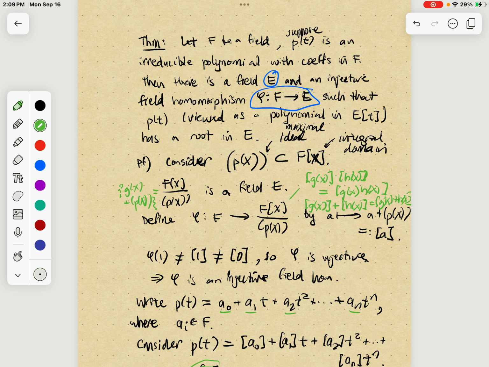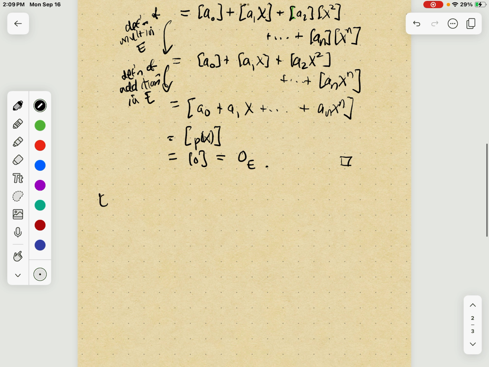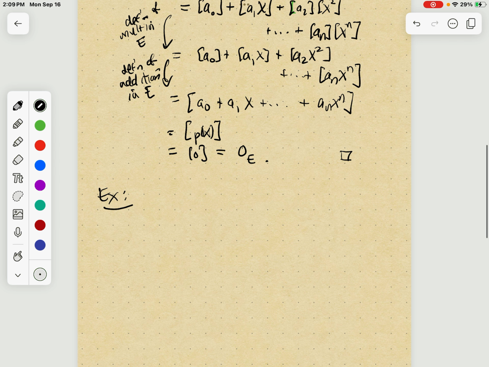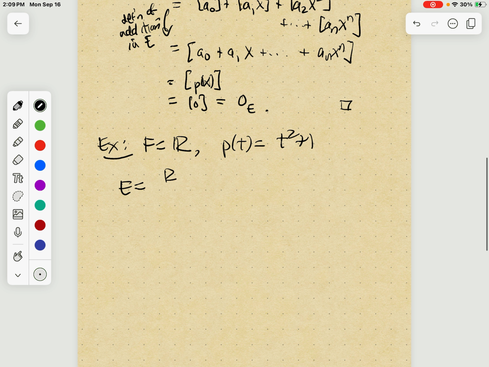So this is pretty abstract. So if you look at a specific example, this example is somehow not general enough, but let's just do it anyway. If you take F to be R, we can consider the polynomial p of t equals t squared plus 1. That's irreducible in R, and you can define E then to be the quotient ring, the quotient field, R of t mod the ideal generated, or okay, R of x if you want, mod the ideal generated by x squared plus 1.